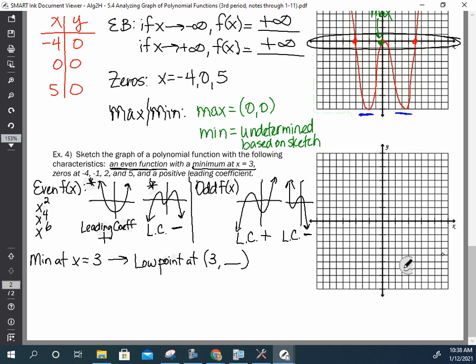Put that point wherever you want so that it's a low point. So that means I go to where x is equal to 3, and I put a minimum. I'm going to put it right there. Why did I choose there? No reason. I just need it to be a low point. I need it to be a minimum.